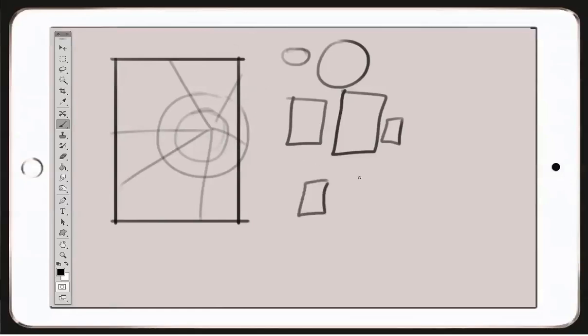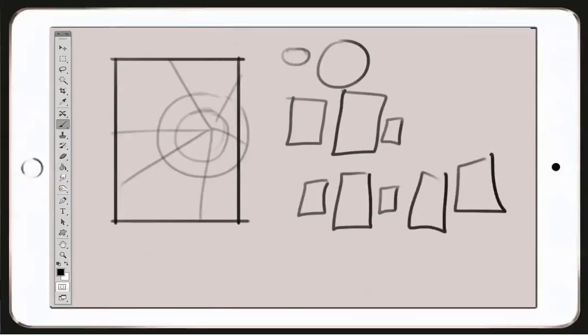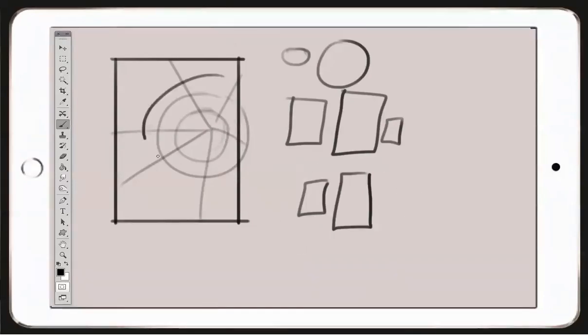That's all you need, is just two shapes like this, for example, that set up a rhythm. You don't need 3 or 4 or 5 shapes that are similar. A rhythm can be set up with only 2 shapes, like this or like this.